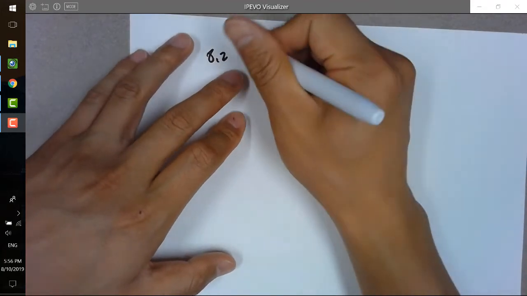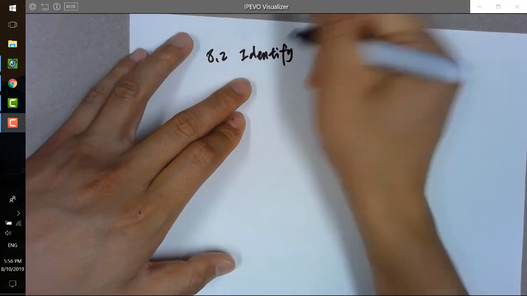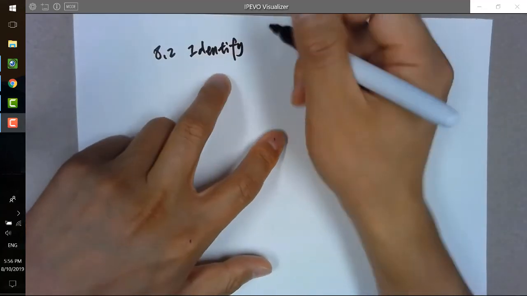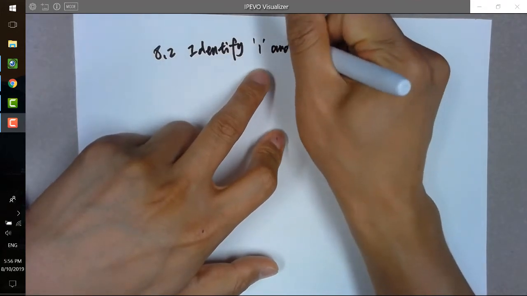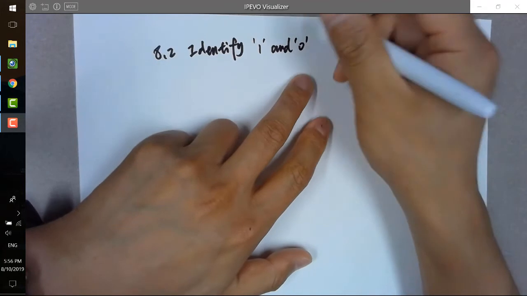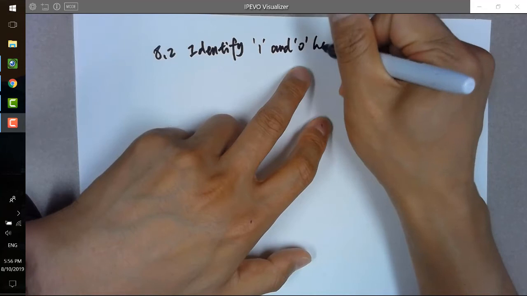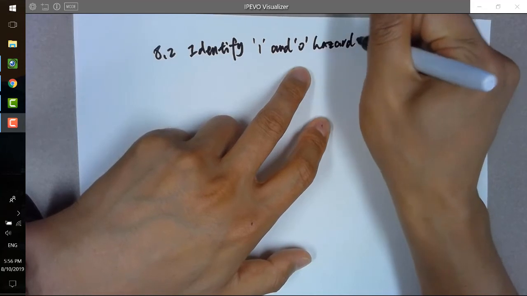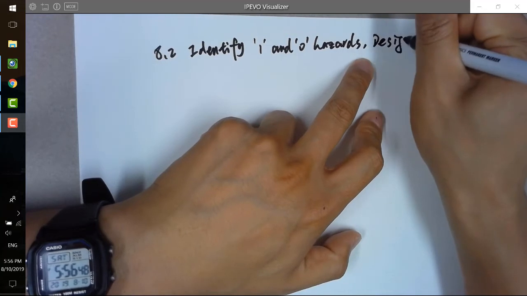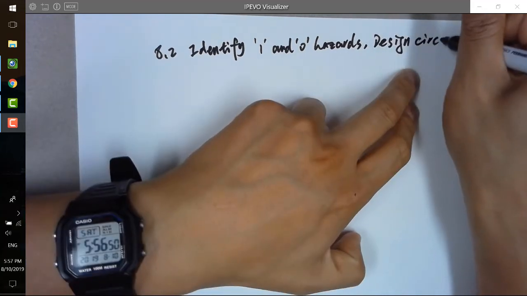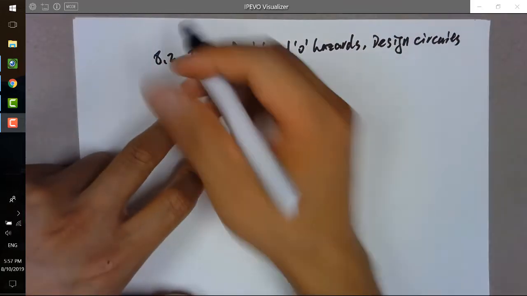So the question is, identify 1 and 0 hazards, design circuits without hazards.